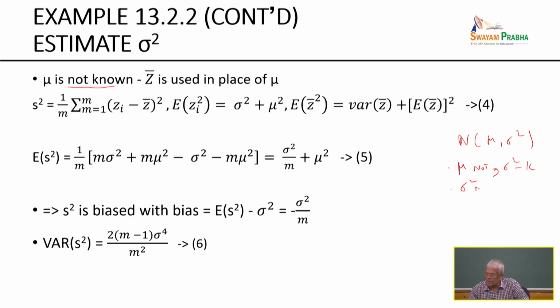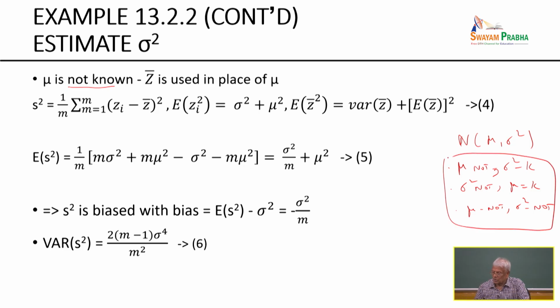Here sigma square not known, mu known. Now I am going to talk about mu not known and sigma square not known. So there are 3 cases. We have talked about mu not known, sigma square known, that's estimating the mean.